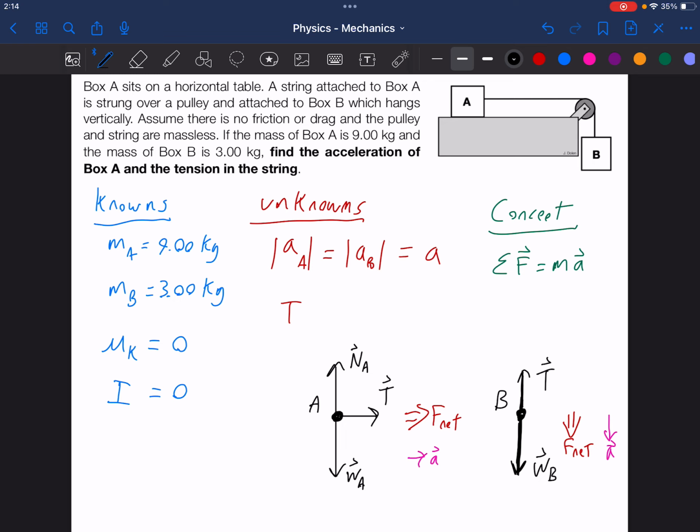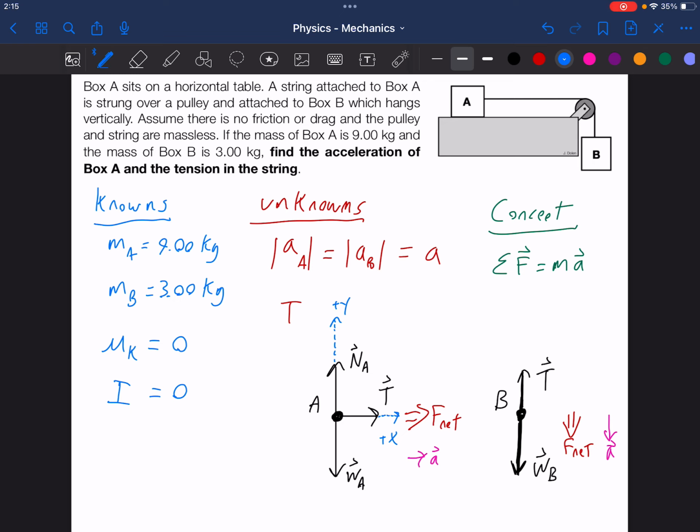So to do that, I need to define a coordinate system. So for object A, I'll define up to be the positive y direction, and I'll define to the right to be the positive x direction. So that's just a choice I can make. And once I do that, I can recognize which forces have positive vector components and which ones have negative.